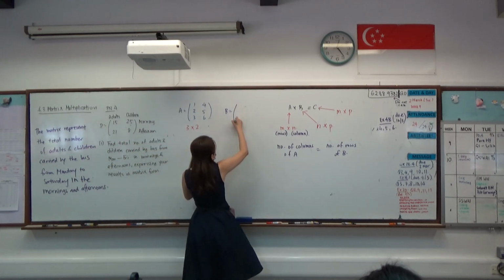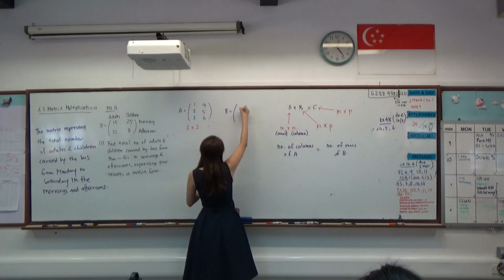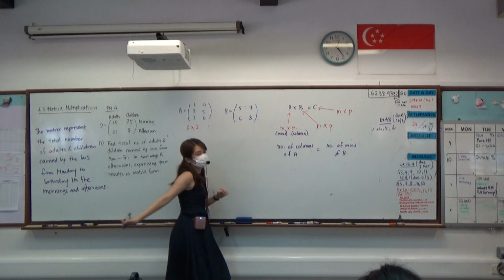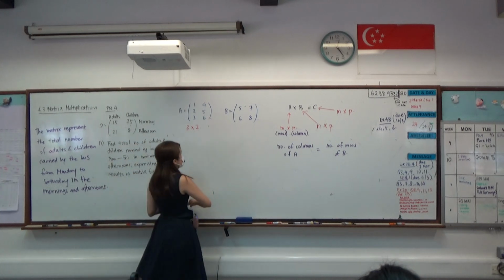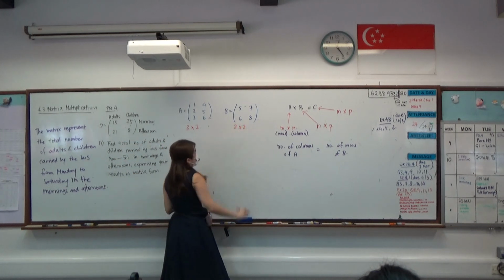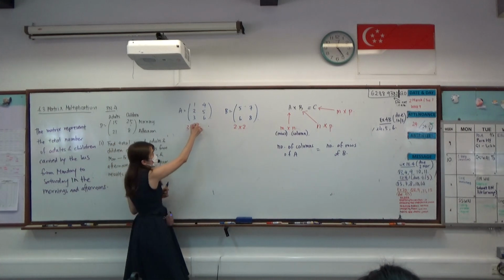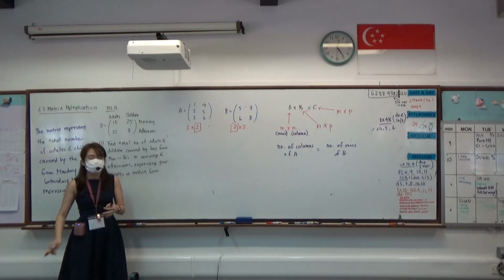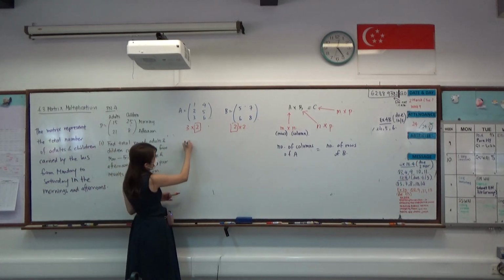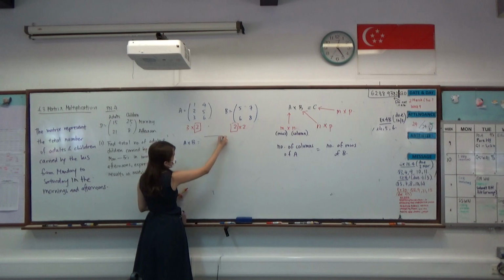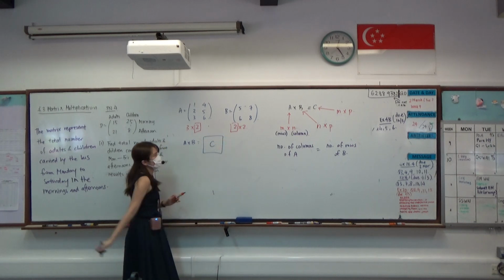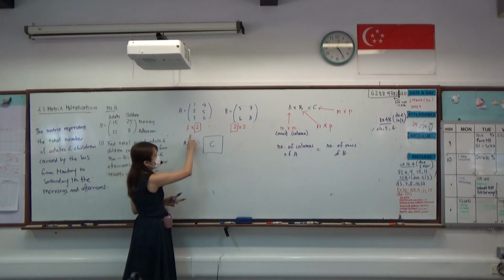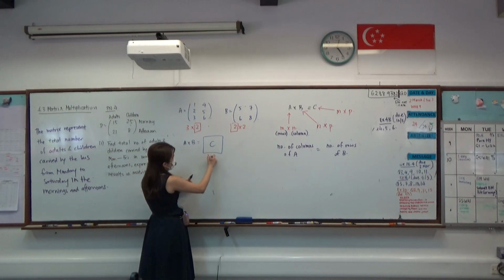So it must be, let's say, 5, 6, 7, 8. So this is a 2 by 2 matrix. We see that the number of columns of A and the number of rows of B are the same. So I can do A times B and get a certain matrix, let's call it C. I'm not going into the mechanics yet. C itself will be a 3 by 2 matrix.